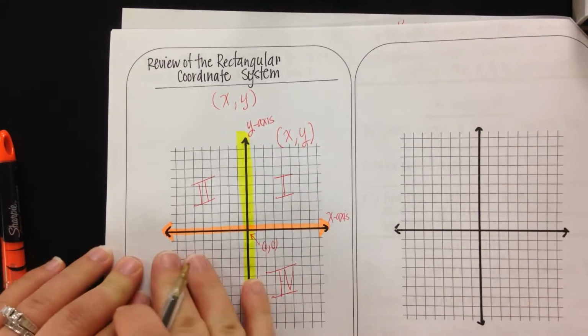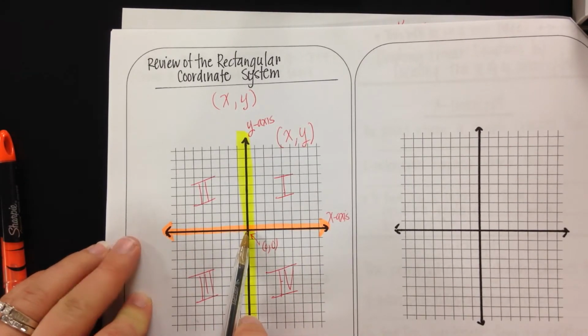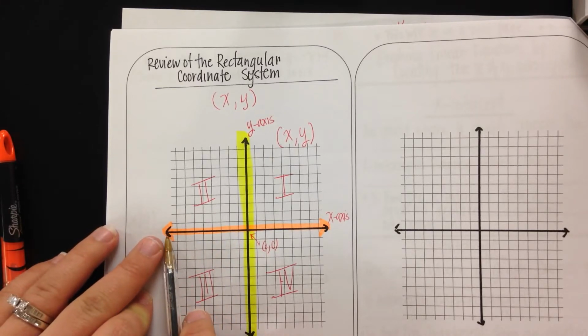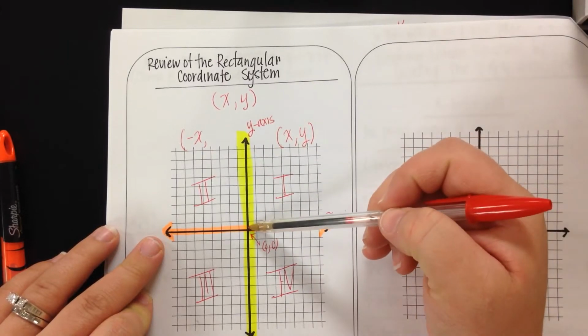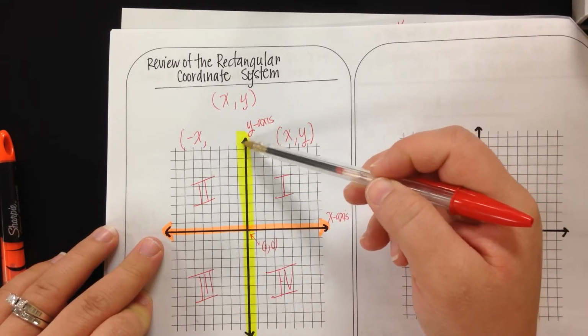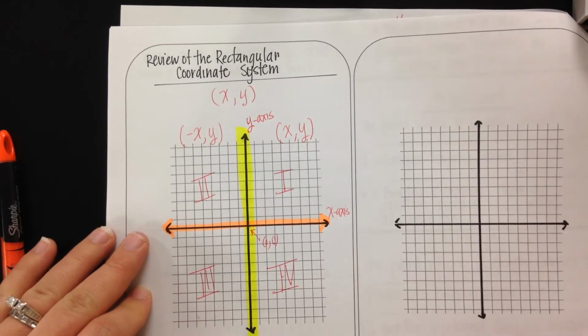Okay. As you get to quadrant 2, let's do our x's first. On the number line, if this is 0, everything on the left is 0 is going to be positive or negative? Negative. So these are negative x values. Our y values, though, are what? Positive. Very good. Okay.